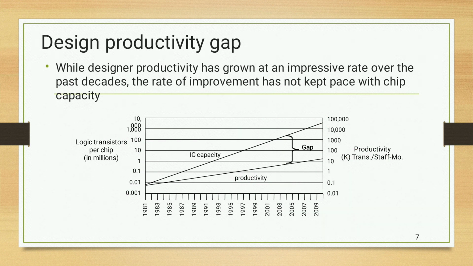Design productivity gap. While designer productivity has grown at an impressive rate over the past decades, the rate of improvement has not kept pace with the chip capacity. Approaches to improving designer productivity.